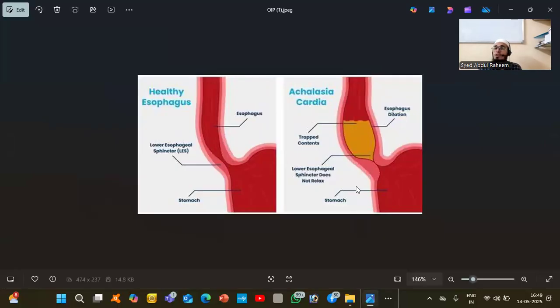The patient will tell you that he is unable to drink liquid. If a patient comes and says, I am unable to take solid food, but liquid food I am easily able to take, these pathologies will tell you what type of disease is there.